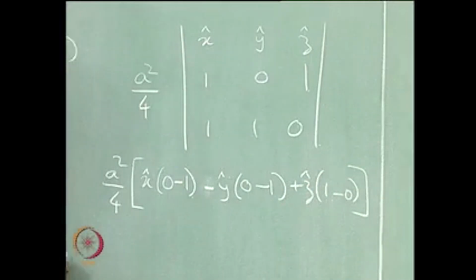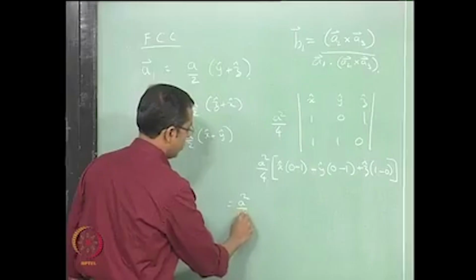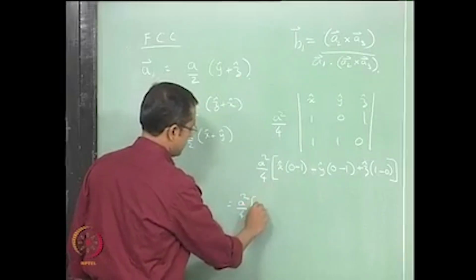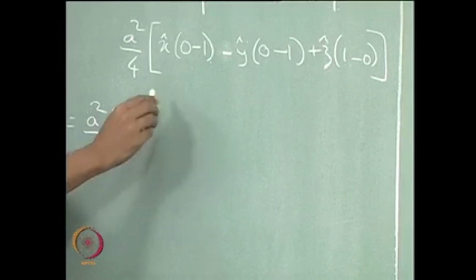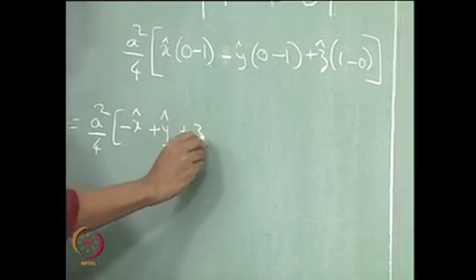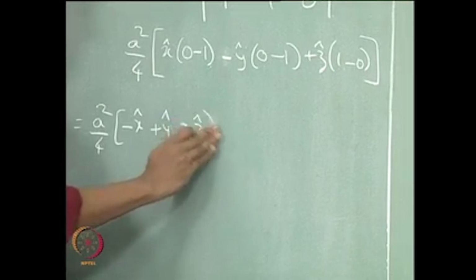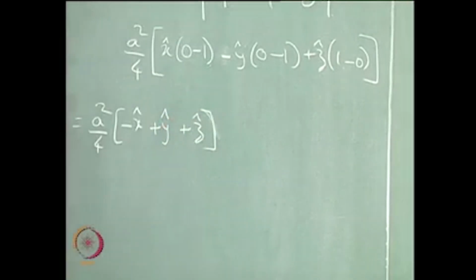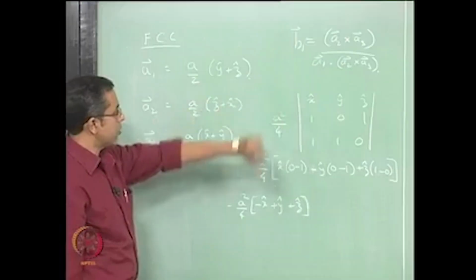Okay, so this is simply A square by 4 into minus x cap plus y cap plus z cap. This is simply the cross product A2 cross A3.